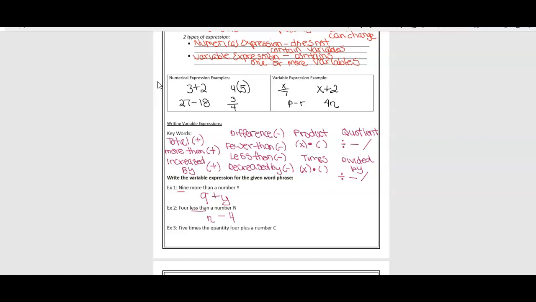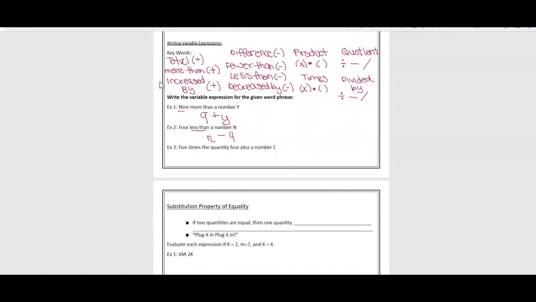In this third example, it looks like a biggie. So 5 times the quantity 4 plus a number c. Okay, so I know I have 5 times, and then the quantity of 4 plus a number c. Since I'm talking about this whole quantity, I'm going to put this in parentheses, and it's going to be 4 plus c. There you go.